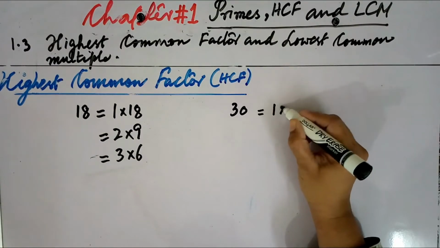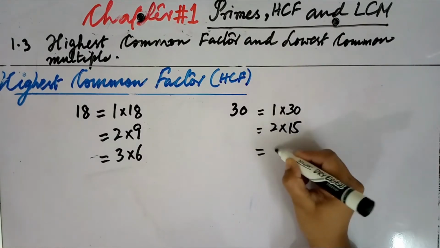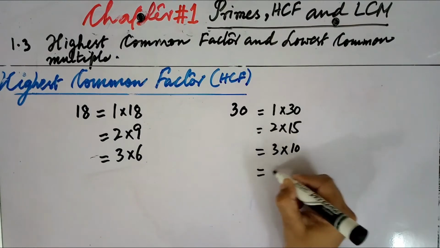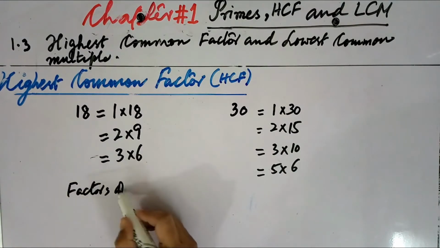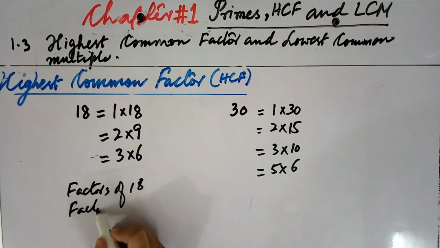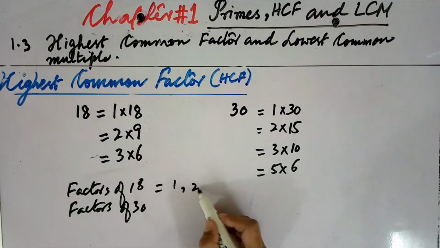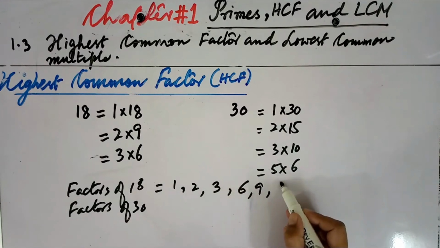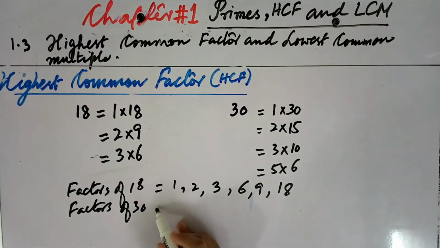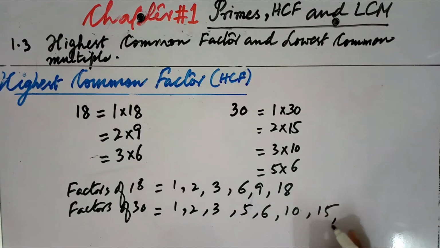Now 30, what would it be? 1 multiplied by 30, 2 multiplied by 15, 3 multiplied by 10, and 5 multiplied by 6. So the factors of 18 are 1, 2, 3, 6, 9, 18, and the factors of 30 are 1, 2, 3, 5, 6, 10, 15 and 30.